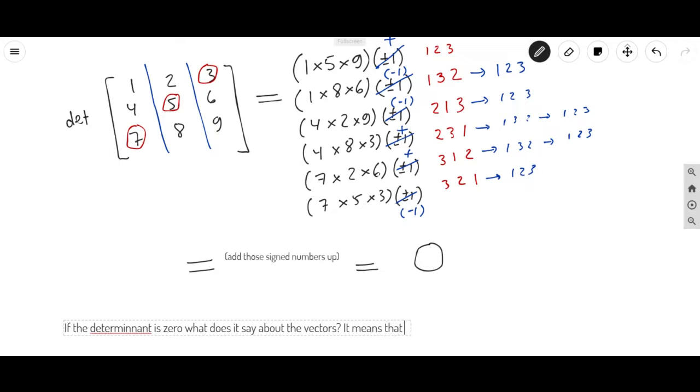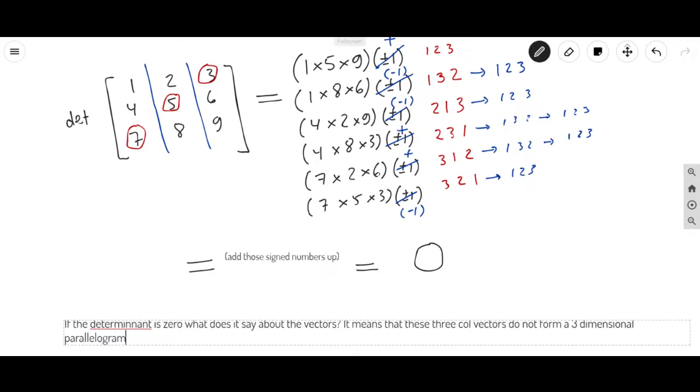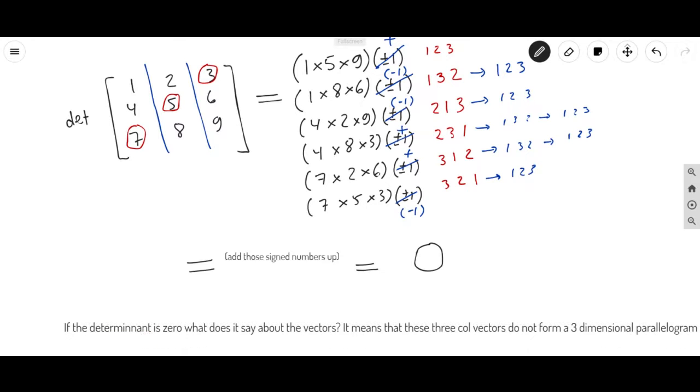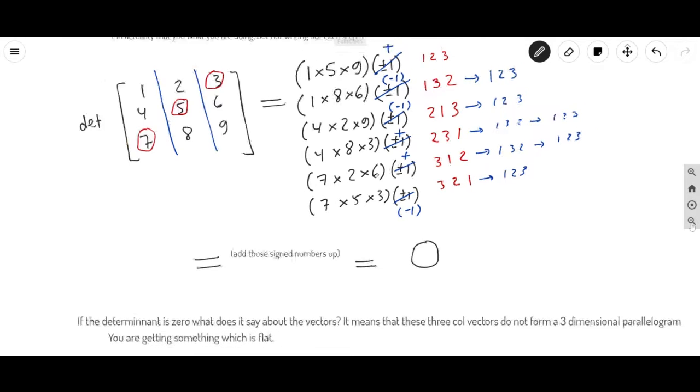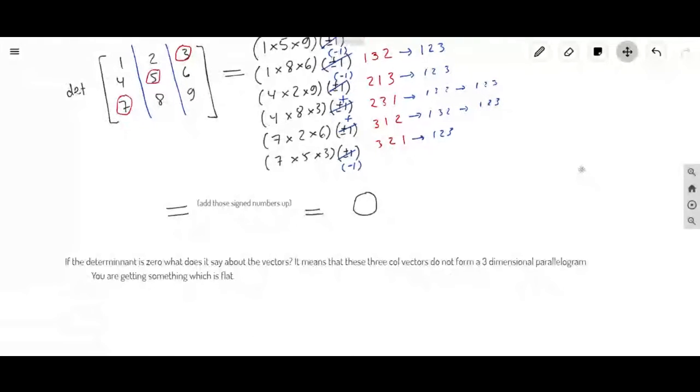It means that these 3 column vectors do not form a 3-dimensional parallelogram. You're getting something which is flat. That's what that means.